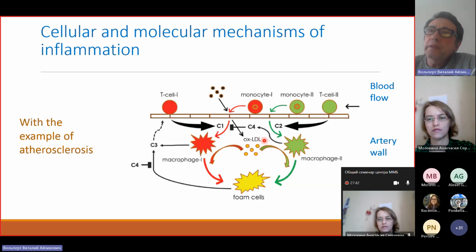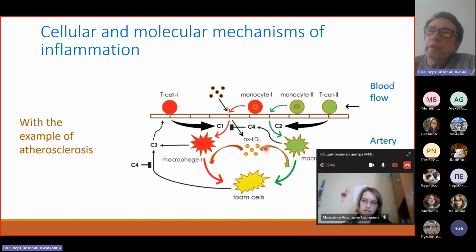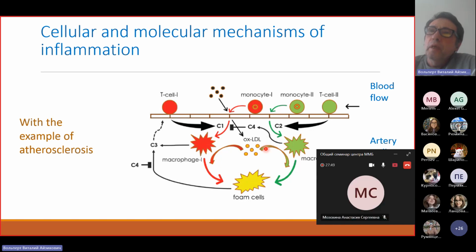They are oxidized here inside the vessel wall. Being oxidized, they become inflammatory agents. They start inflammation. And because of this inflammation, they activate endothelial cells, which are shown here and which separate blood flow from the blood vessel wall. These endothelial cells are activated.